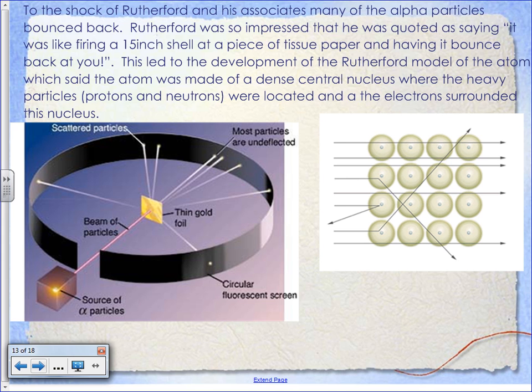But he said, I think that the atom is actually made of a very small, very dense nucleus surrounded by a cloud of very small electrons. If that's the case, then most of the particles should go straight through the foil and hit the other side. What this thing here was made out of is photographic film.